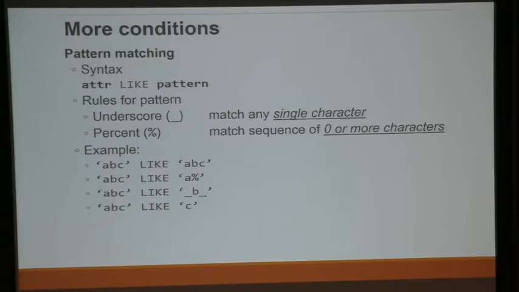Okay, so if you look at this example, any other characters is treated as it is. A must match with A, B must match with B, C must match with C. So if you use like, but you do not use any of the special characters, it's basically equality.